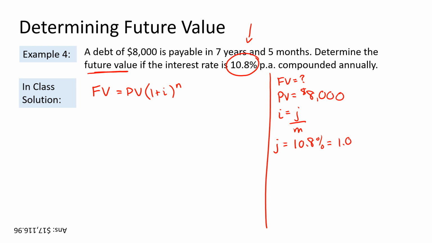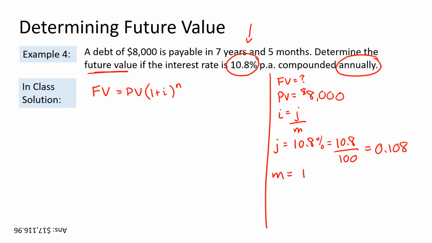So 10.8 divided by 100, removing the percentage sign, is 0.108. And for our number of compounding periods per year, it's given that it's compounded annually, meaning once per year. So our value for M is 1.